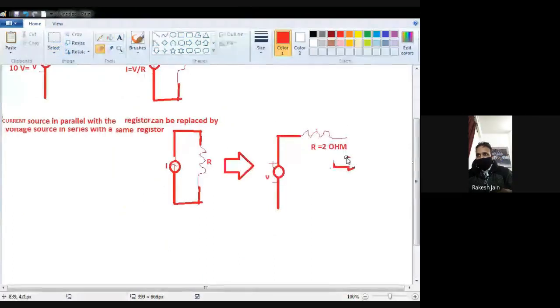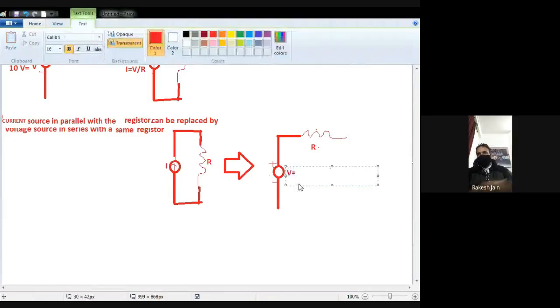If it was 2 ohm, it will be 2 ohm. If it was R, it will be R. But the value of the voltage we will find from Ohm's law, which states that V is equal to IR.